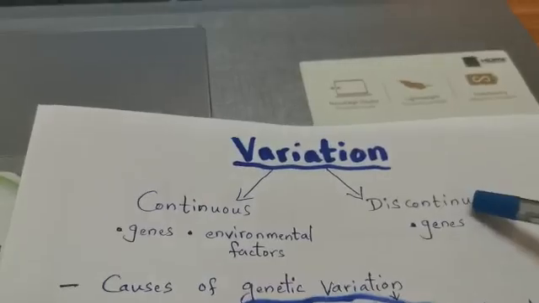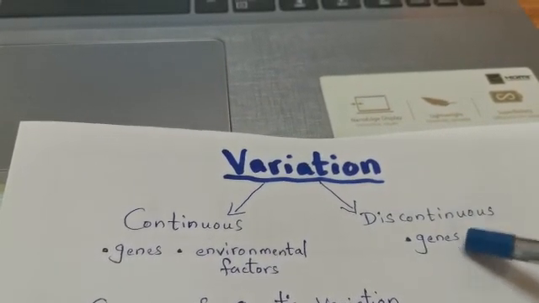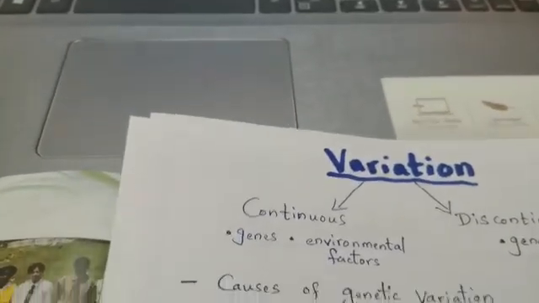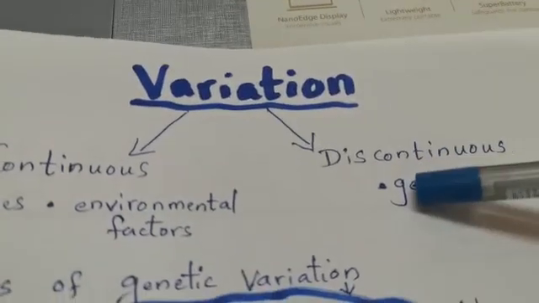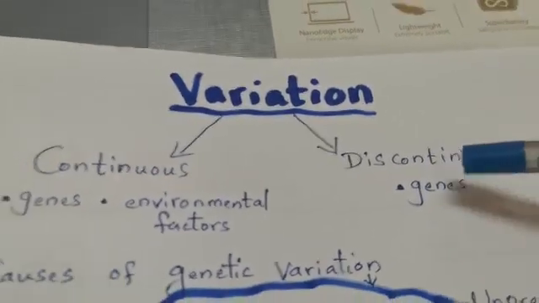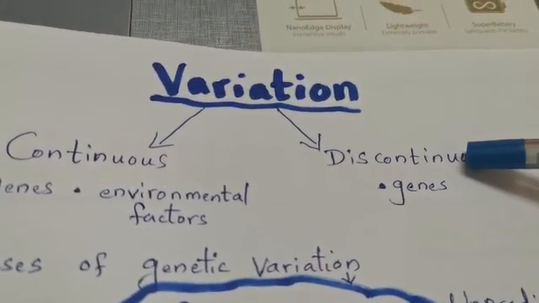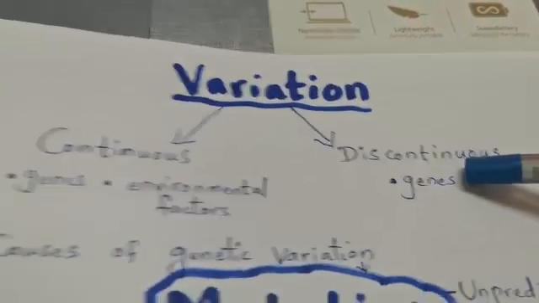Now we are going to learn more about the discontinuous variation or the genetical variation, the causes of genetical variation. What can be the causes of this discontinuous variation?